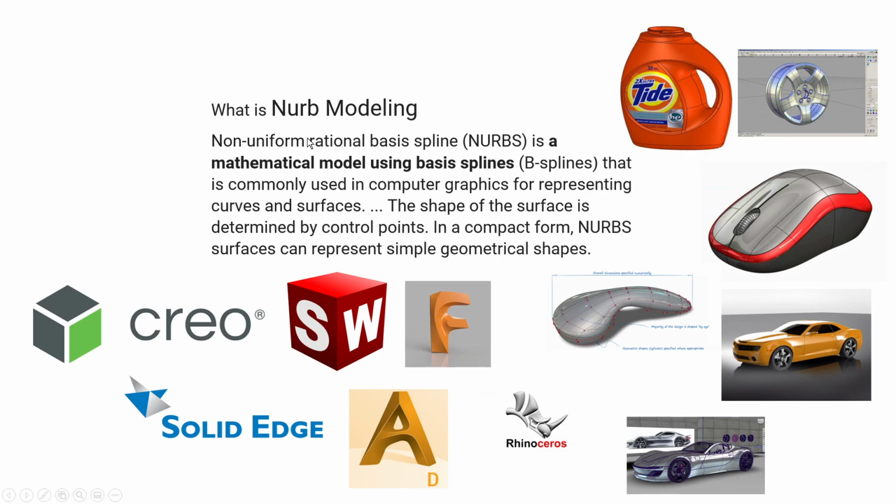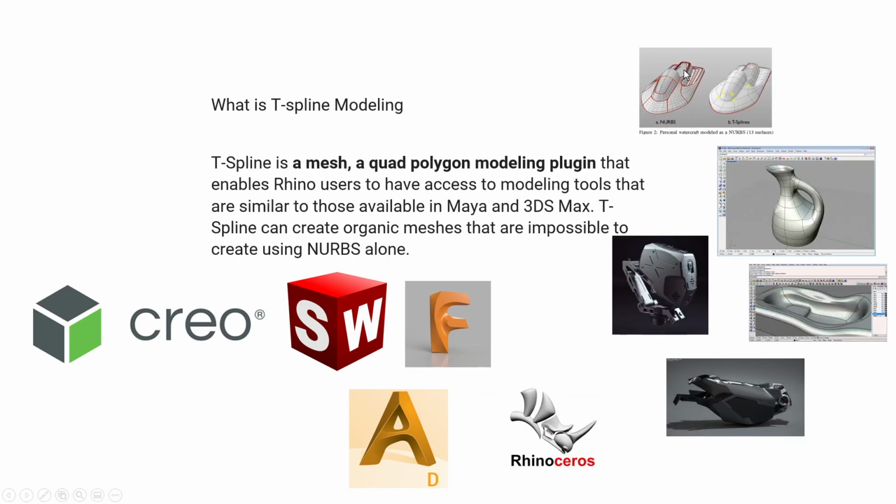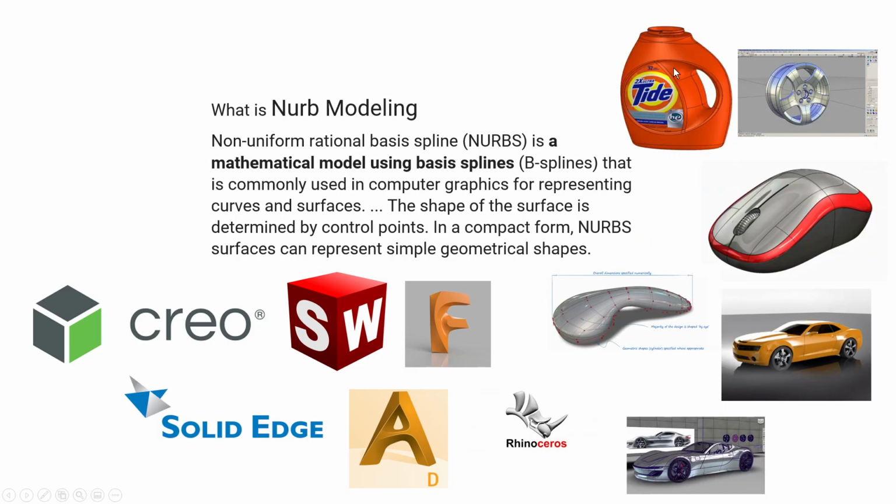So let me just point out some of the things. This bottle was done in SolidWorks. There's a tutorial on how to do that, and it's really good because it shows you a lot of different things. This mouse, also done in SolidWorks. This car, Alias, could be done in SolidWorks.